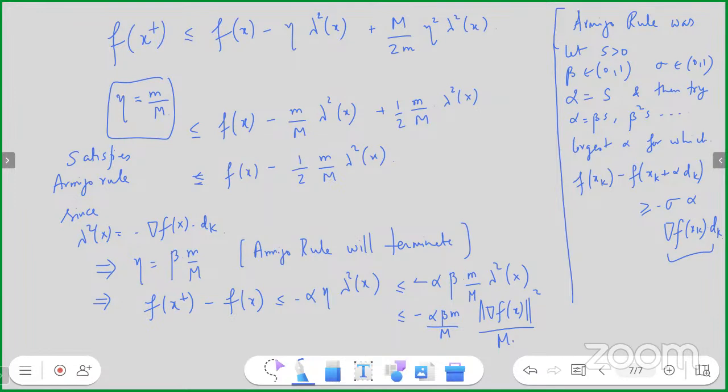Why is this true? Just by definition of lambda square. Nothing interesting going on.